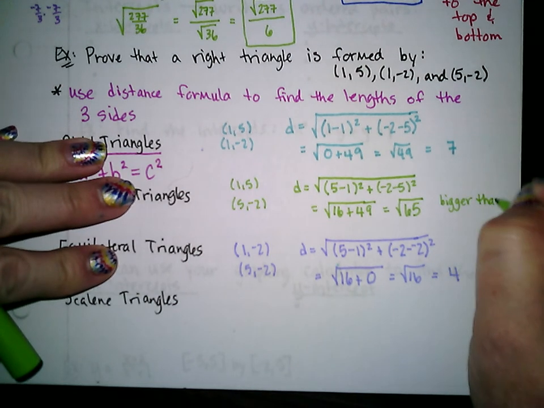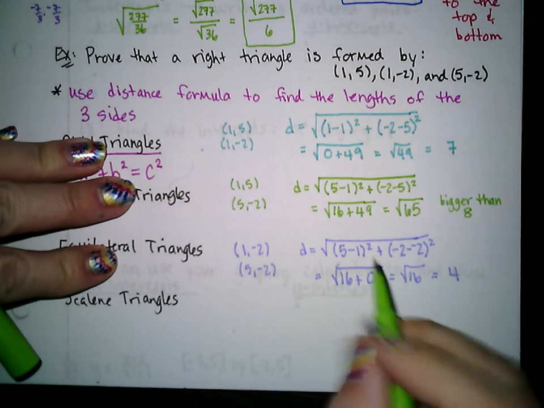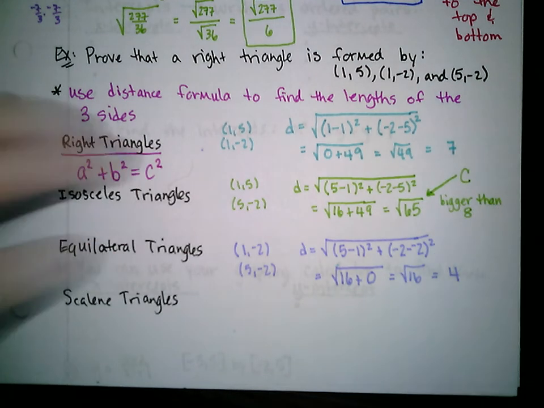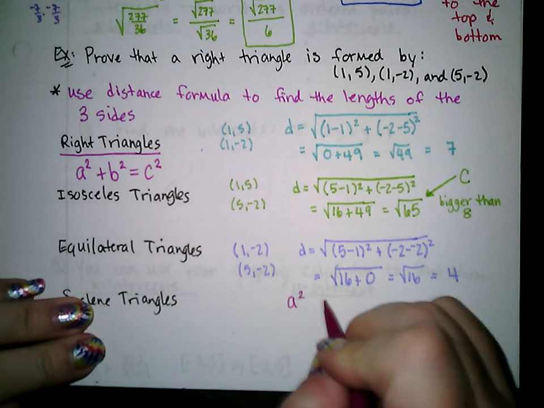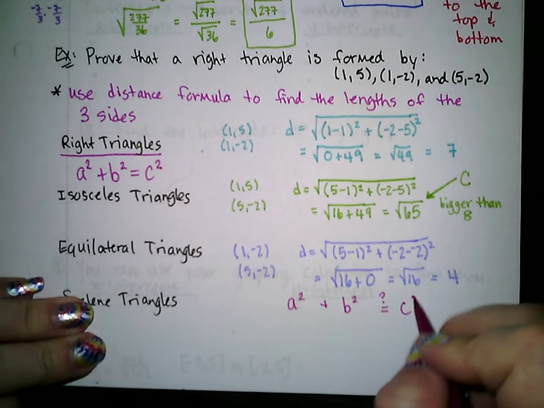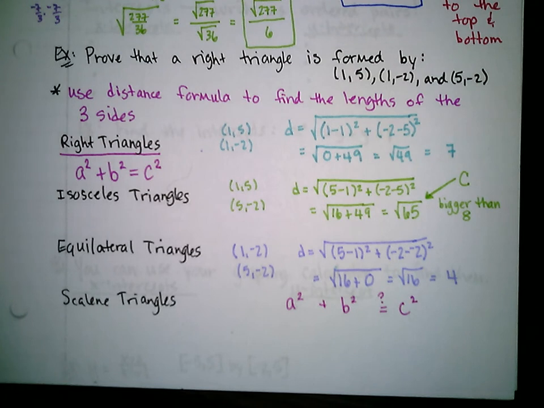So I can tell that this is my longest side. So this one's going to be C in the Pythagorean theorem. And then the other two are A and B, and it doesn't really matter which is which. So after we have our three sides, we're going to check the Pythagorean theorem to see if A squared plus B squared really equals C squared for our triangle.